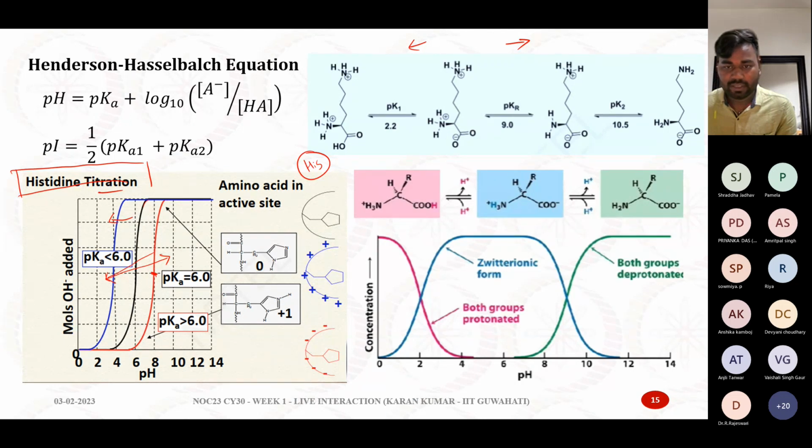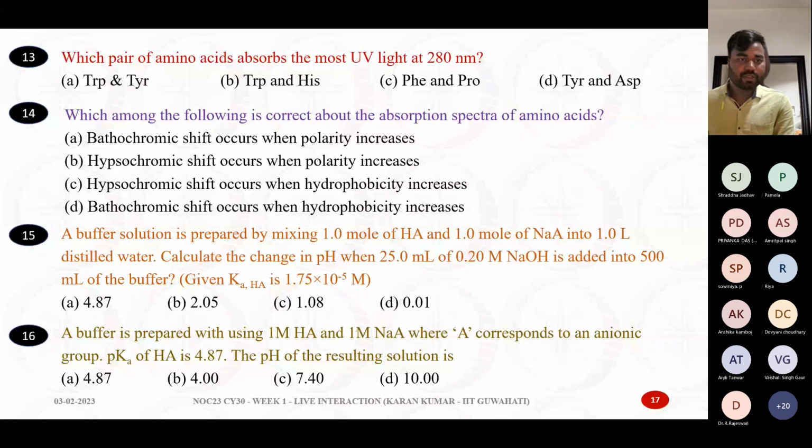Yeah, sure. Okay, so the next question is: which pair of amino acids absorbs the most UV light at 280 nanometer? Tryptophan and tyrosine, tryptophan and histidine, phenylalanine and proline, or tyrosine and aspartic acid? Sir, option A. Very good.